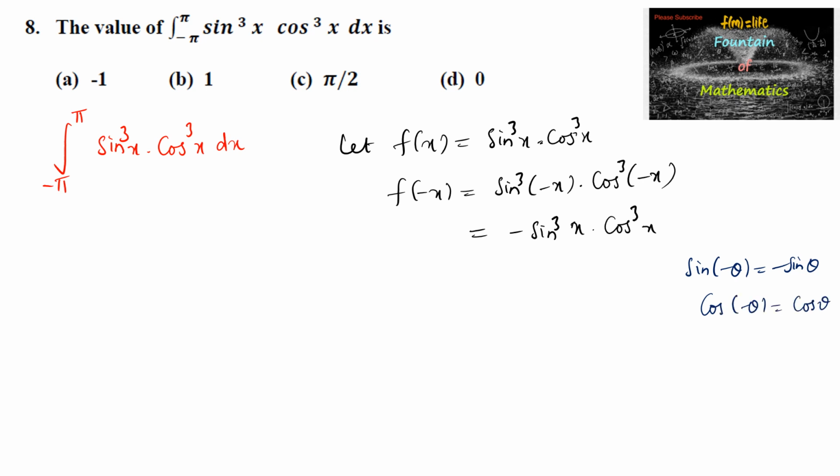So you're getting f of negative x is equal to minus f of x, which implies that f is an odd function.